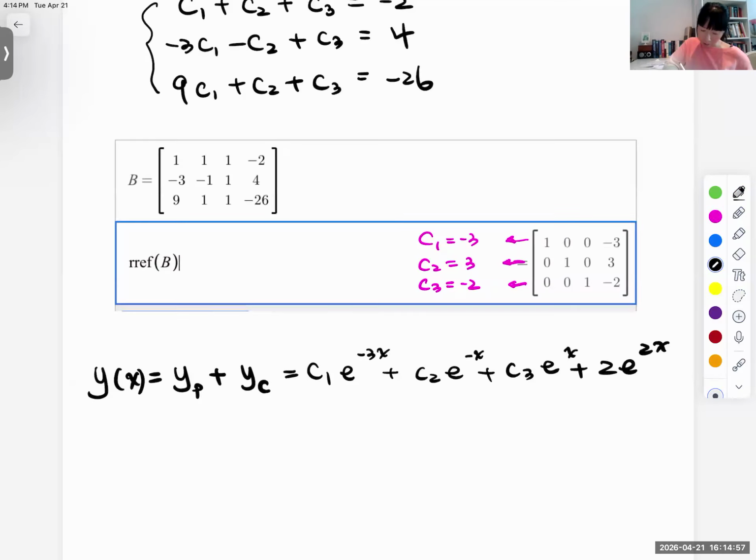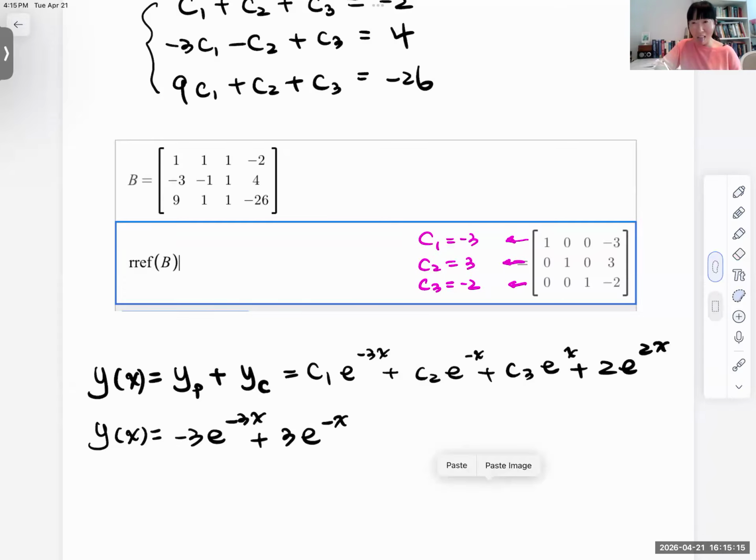So let me write down. y of x equals c sub 1, negative 3 e to the negative 3x plus c sub 2, which is 3 e to the negative x, c sub 3, which is negative 2 e to the x, sorry, I missed the x, and plus the last term from the complementary solution, so 2e to the 2x.